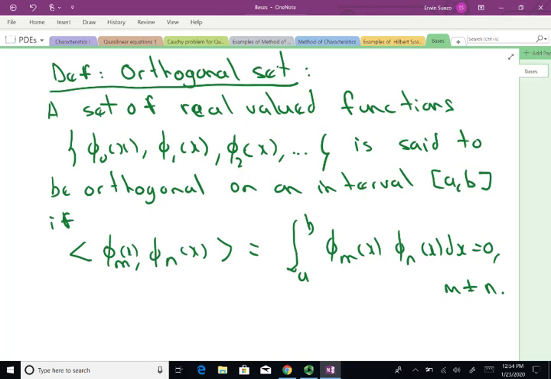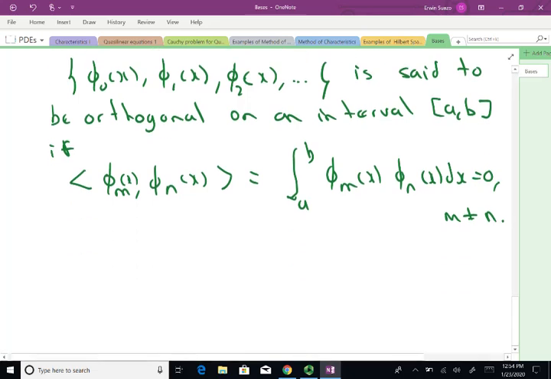So now notice something interesting. What if you do this? Remember we said that in our space of functions we will consider the norm coming from the inner product. Remember?